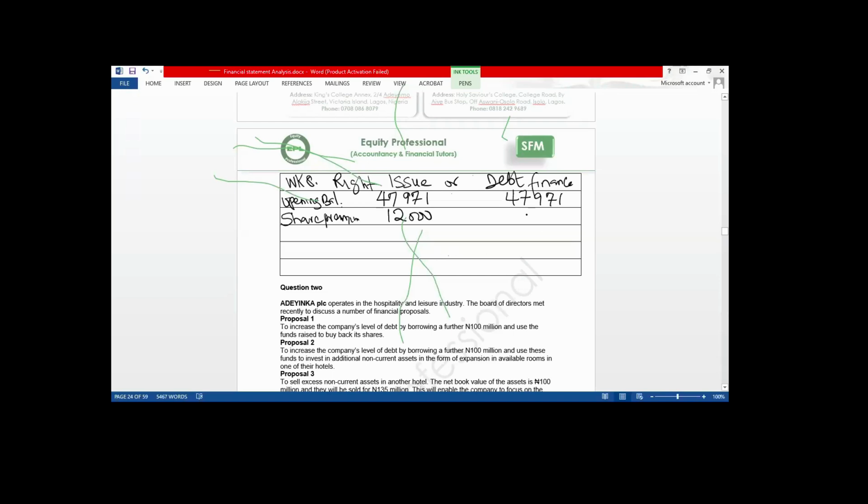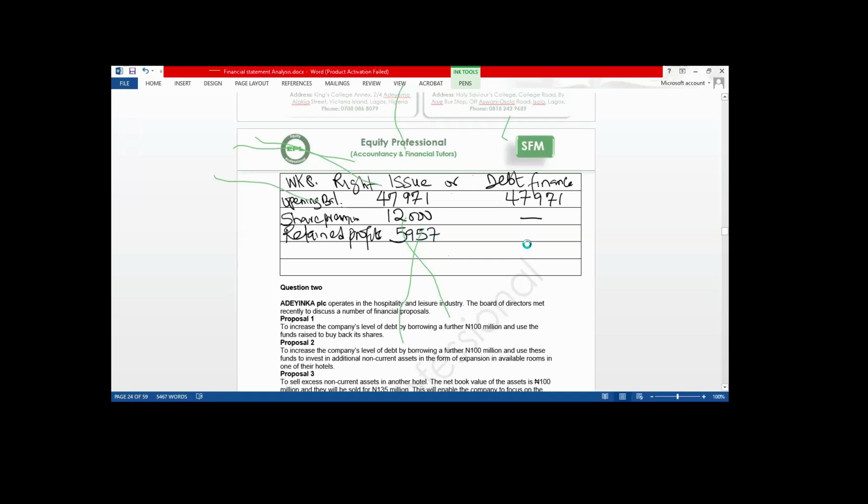But if the expansion is financed by debt, there is no share premium. Next, go and pick your retained profits. Your retained profit is part of your reserves. Check for 2018 under rights issue. What is the retained profit? 5957.